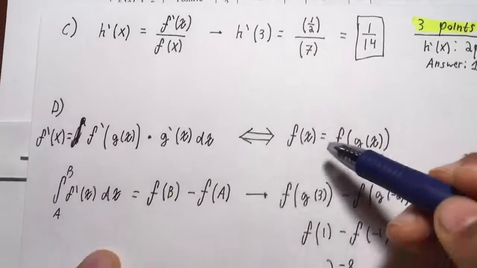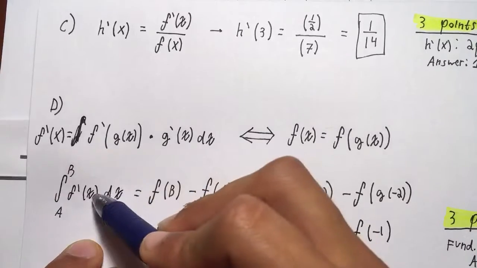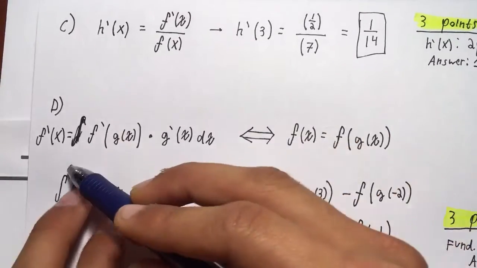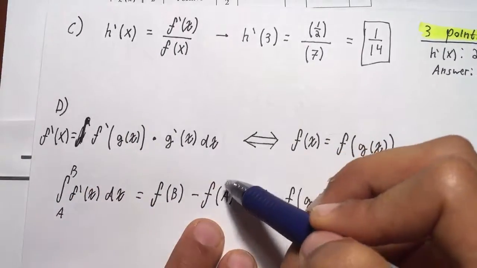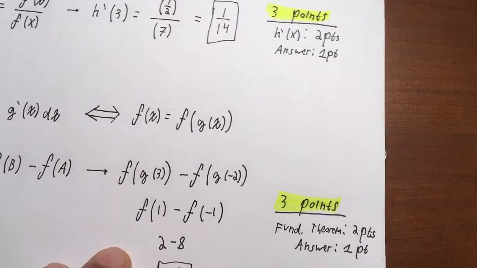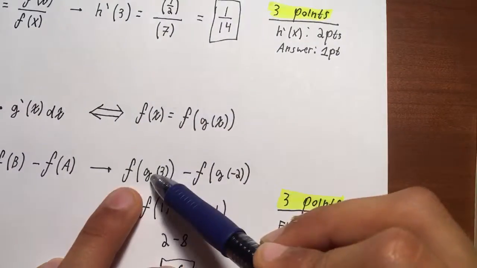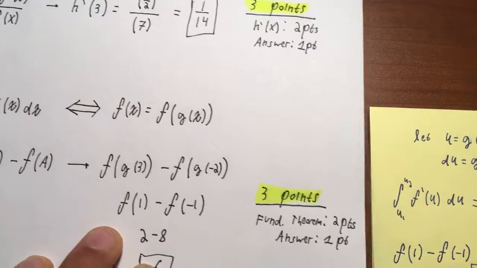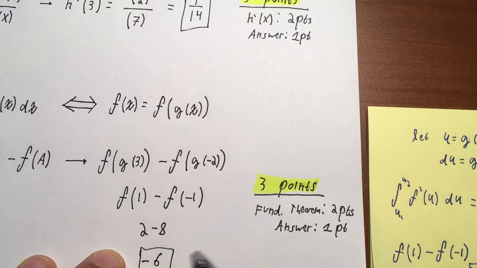And all they want you to realize is if I have a derivative inside, I can take the original function from upper bound b minus lower bound a using the original function. But again, we get to the same thing. We evaluate here and here. They're both the exact same thing. You get -6 in both cases.